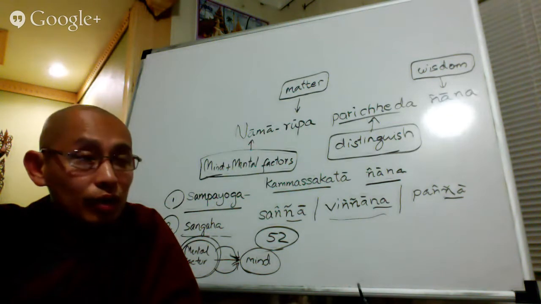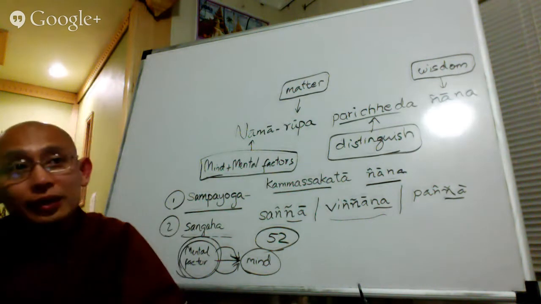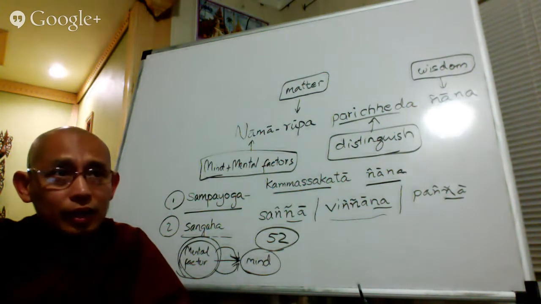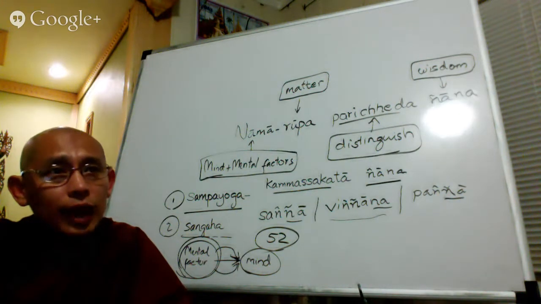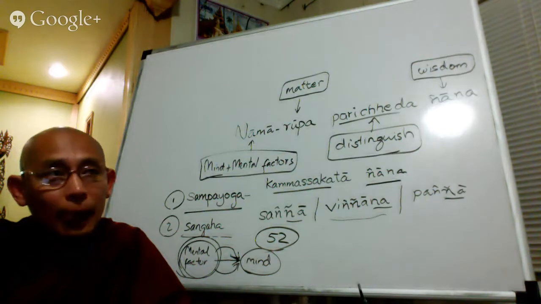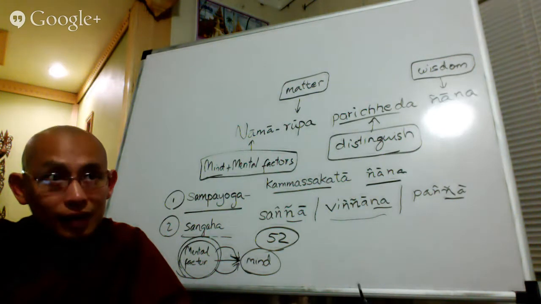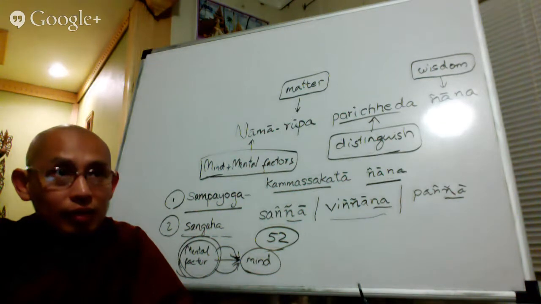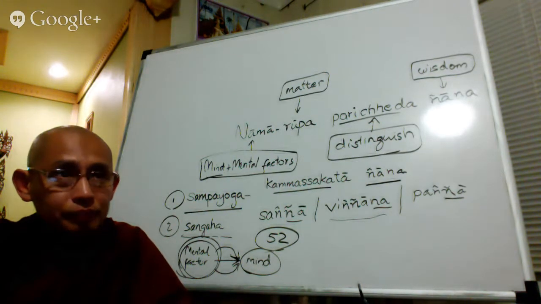They are in the Ahetuka Kriya. These two Ahetuka minds are mind door advertng consciousness and smile producing consciousness. Okay? It's only for Arahants, Arahants and Buddhas.